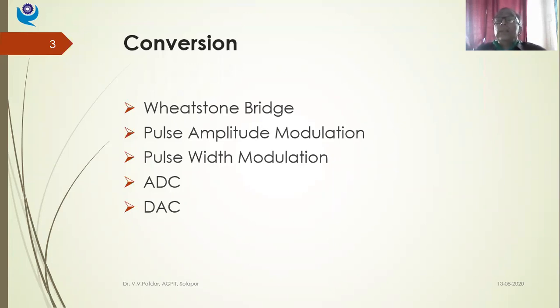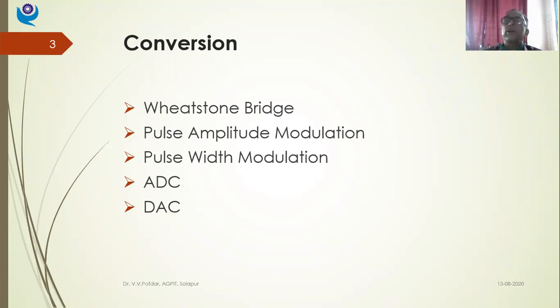Why am I getting the output voltage? Because the bridge has become unbalanced. In the balanced condition of the bridge, what will happen? The output voltage will be 0, because all the resistances are either equal or the ratios of resistances are the same. R1 by R2 is equal to R3 by R4. This is called the condition of balancing.